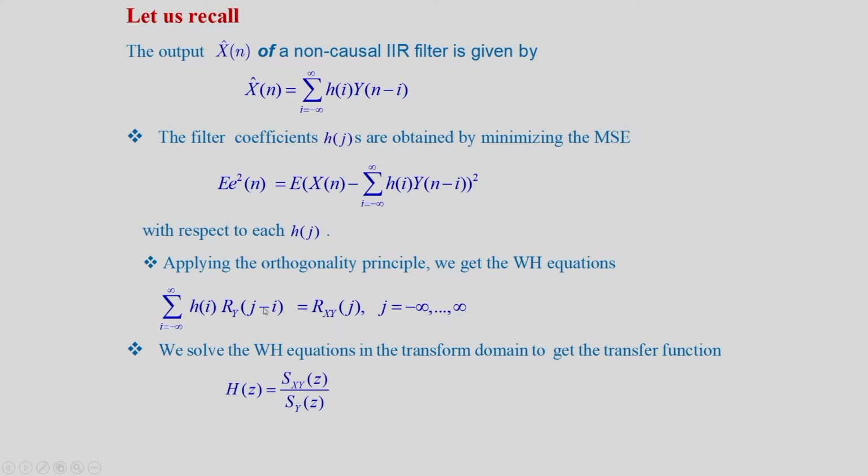By applying the Z transform, we get this relationship: H(z) is equal to S_xy(z) divided by S_y(z), that is the cross power spectral density divided by power spectral density of the observed data. So, this is the Wiener filter relationship in the case of non-causal IIR Wiener filter, and this is quite simple.